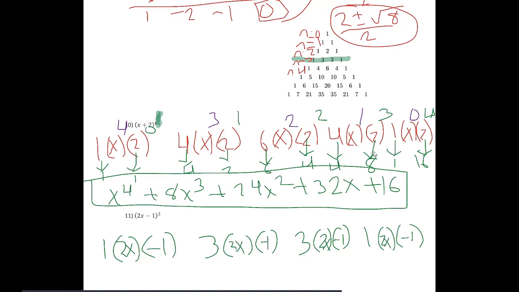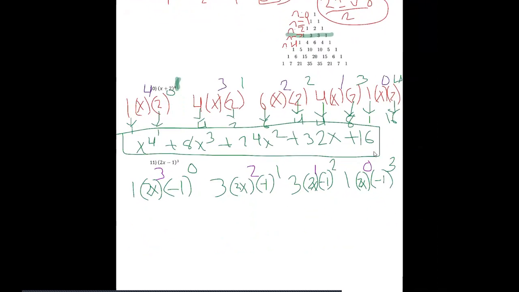Same idea with your powers. First parentheses starts at 3, goes down 1 each time, and your second parentheses starts at 0 and goes up by 1 each time. So we just really need to clean this up.